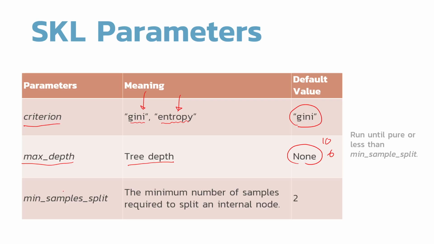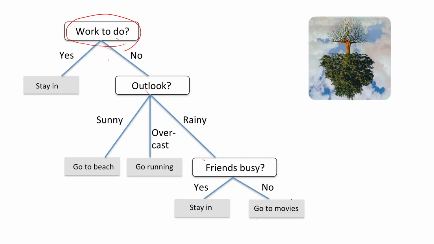Okay. And then the min sample split. That is the number of samples that you would require to split the node. For example, this is the number that the system uses to decide if it should ask more questions or not. Like this node right here, you might want to split it further into 3 sub-categories, right?